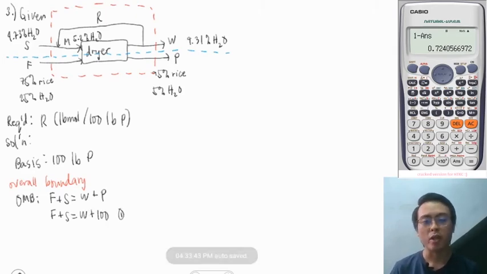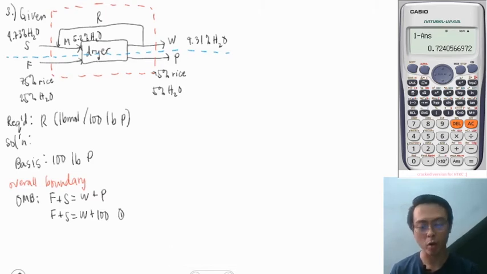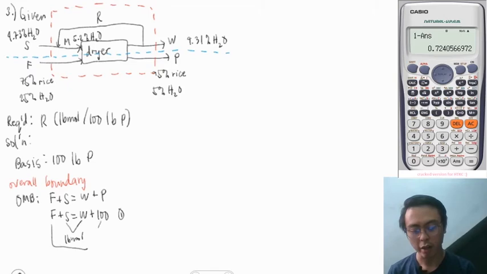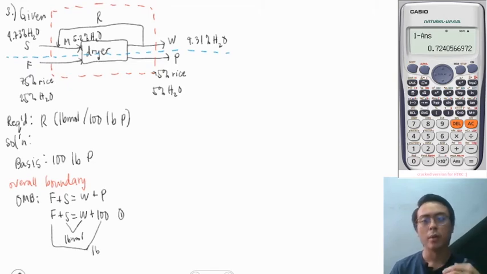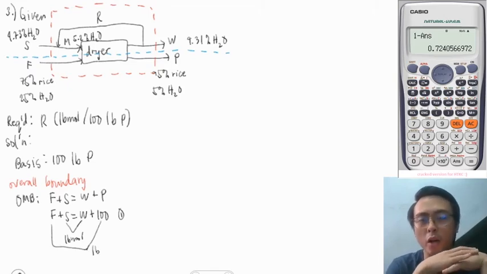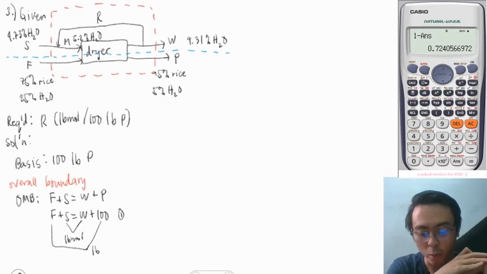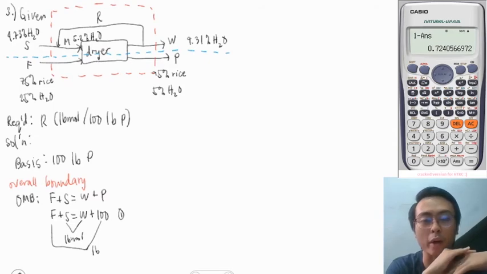The problem with this OMB is that it has mixed units. S and W are in pound moles, while F and P are in pounds. If you go back to our lesson in dimensional homogeneity, we cannot add pound moles with pounds. So we cannot operate on the OMB of this overall boundary unless we make some changes to our equations.